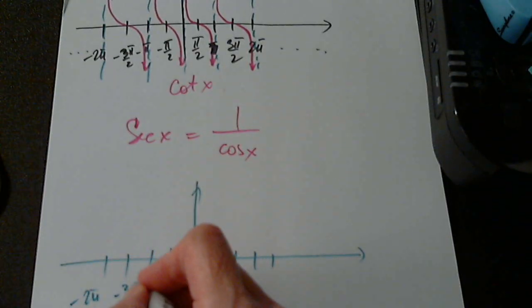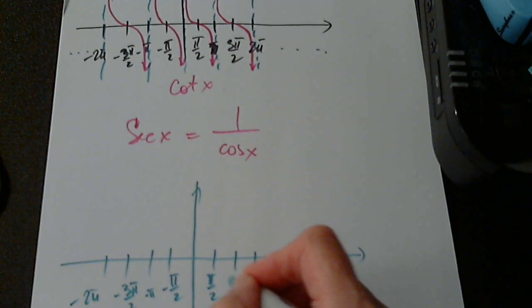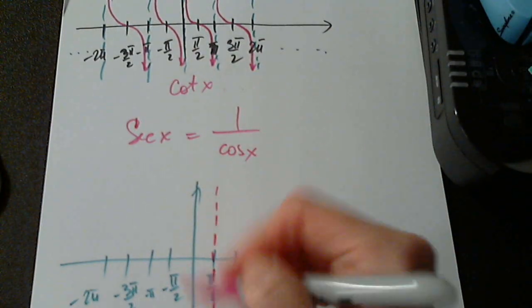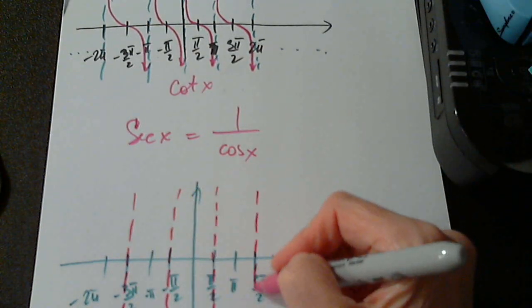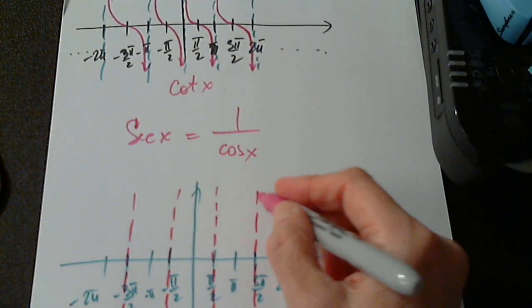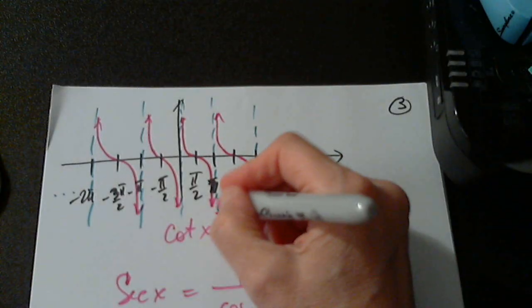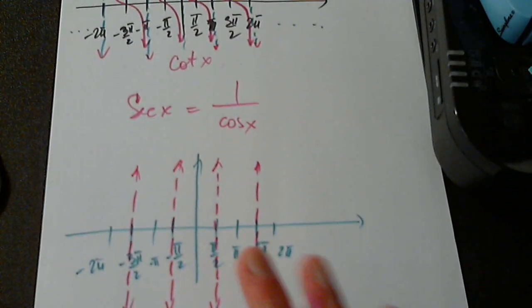Negative 2 pi, negative 3 pi over 2, negative pi over 2, pi over 2, pi, 3 pi over 2, and 2 pi. Vertical asymptotes, where cosine is 0. Here they are. Okay, so all these, of course, are vertical asymptotes. Sorry, I should have put arrows here because they are vertical lines.